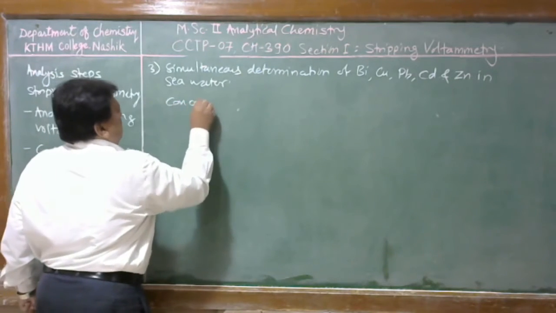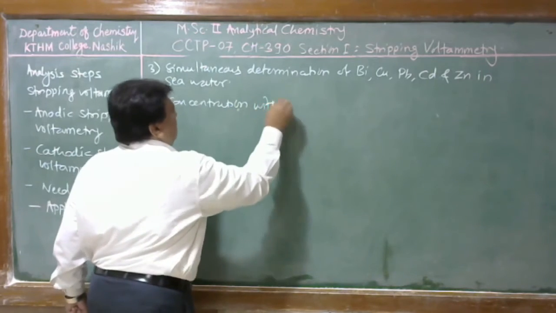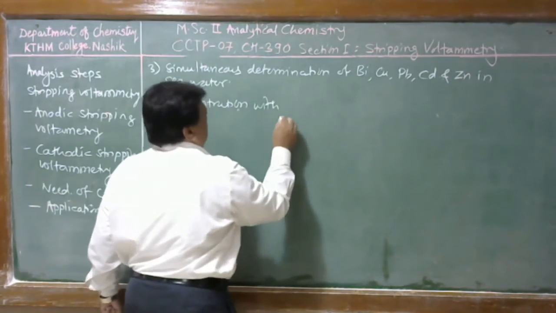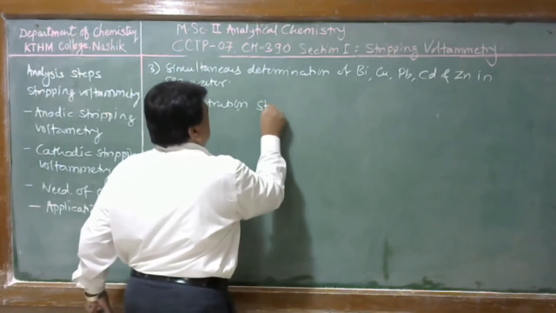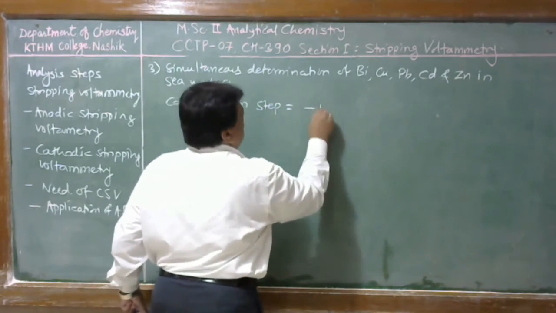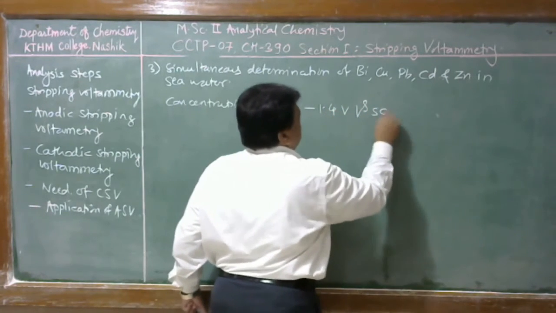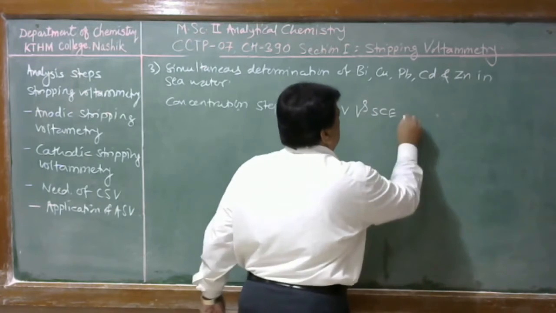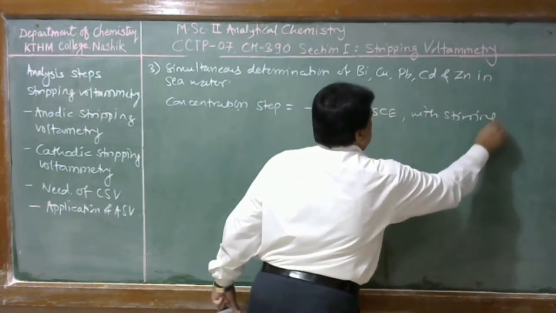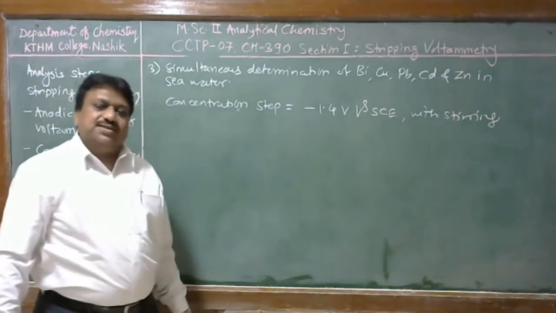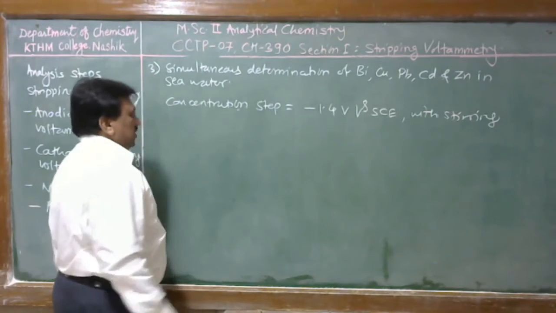Therefore, in this case, the concentration step with sample as well as standard is carried out at a potential minus 1.4 volt versus saturated calomel electrode with stirring the solution so that all the metal ions get concentrated onto the mercury drop or working electrode.